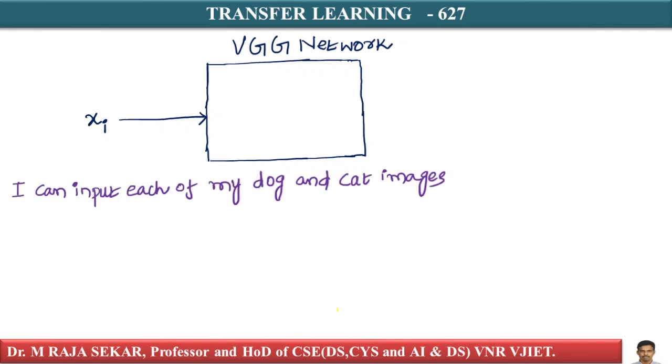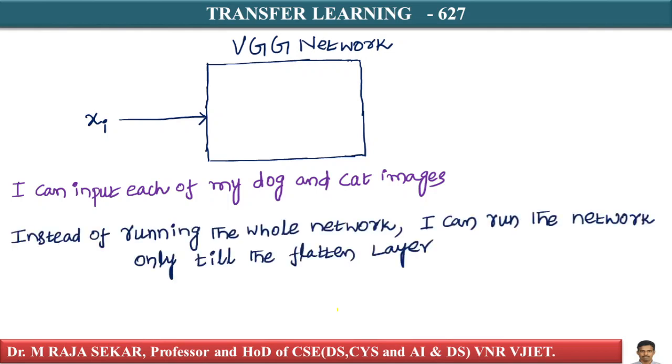And this is important: instead of running the whole network, we can run the network only till the flatten layer.